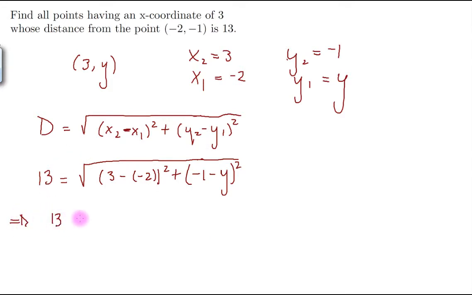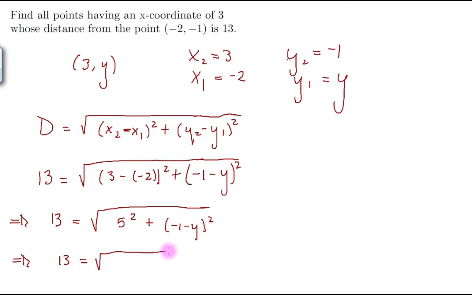Now, again, this implies 13 equals the square root of 3 minus -2, which is 3 plus 2, which is 5 squared, plus (-1 minus y) squared. Which implies 13 equals the square root of 25 plus (-1 minus y) squared.